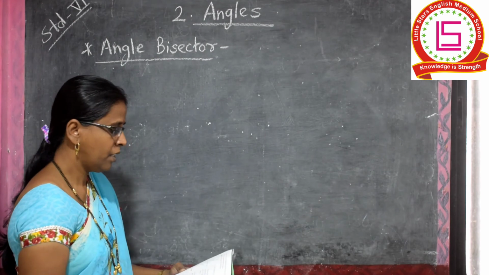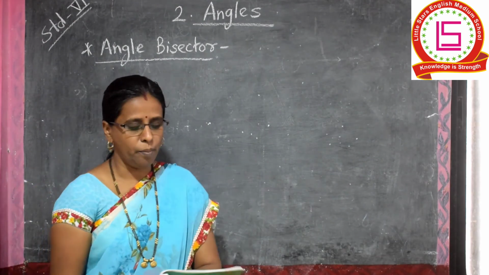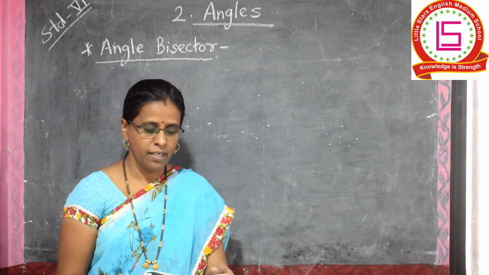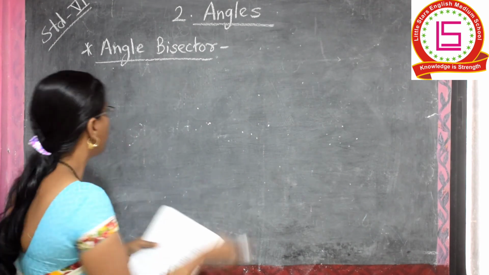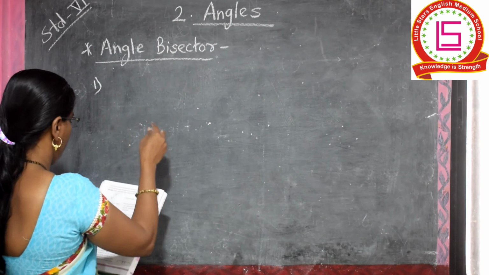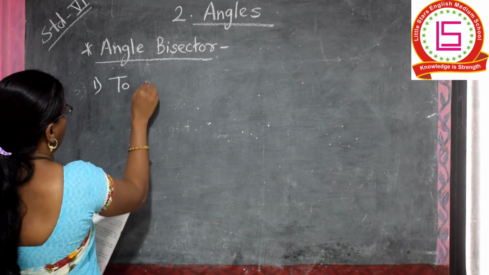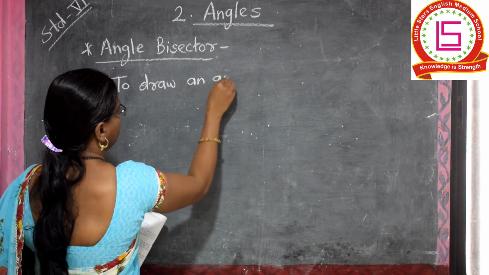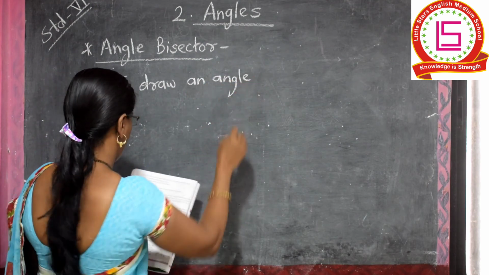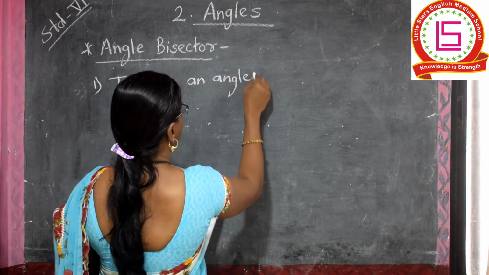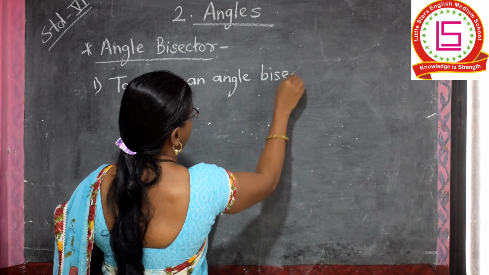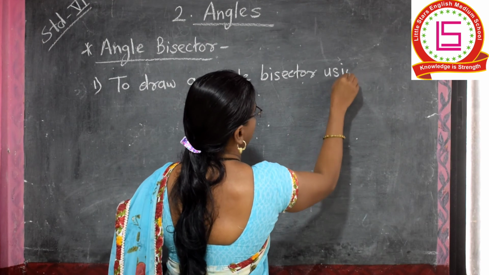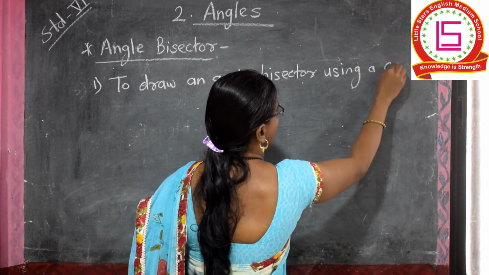Then see, let us see how to use geometrical instruments to construct geometrical figures. Okay, then the first point is to draw an angle bisector using a compass.